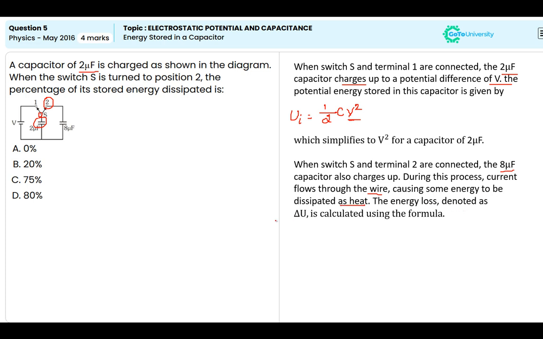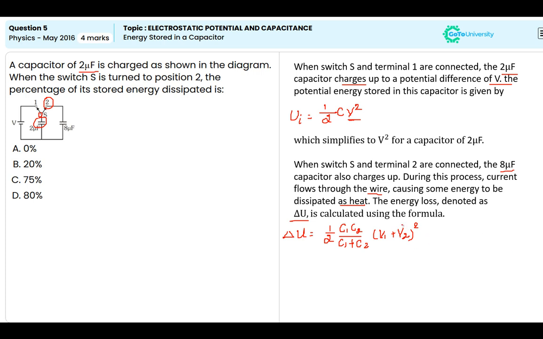The energy loss, denoted as delta U, is calculated using the formula delta U is equal to 1 by 2 times C1 into C2 divided by C1 plus C2 into V1 minus V2 whole square, where C1 is equal to 2 μF and C2 is equal to 8 μF.